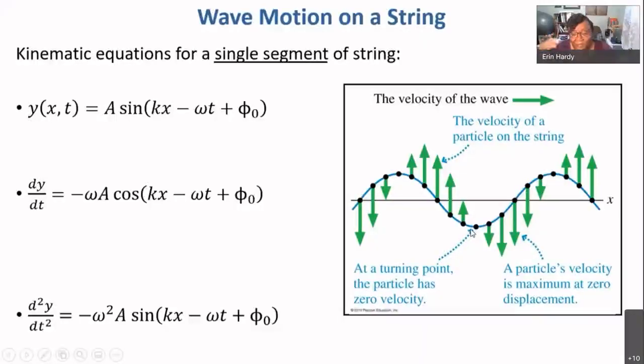So that section of rope is in the process of changing its direction. Just like if you were to toss a ball up in the air, when it reaches its highest point, it's instantaneously at rest because it's going from moving up and slowing down to moving down and speeding up.